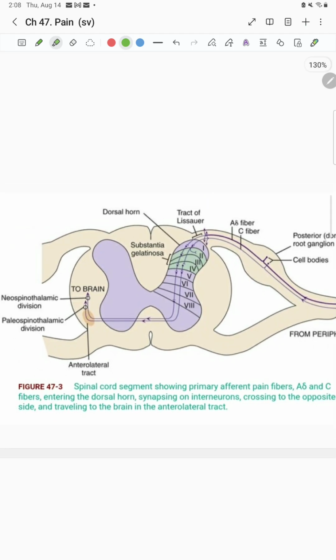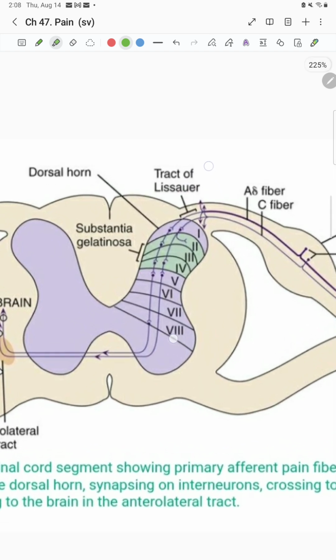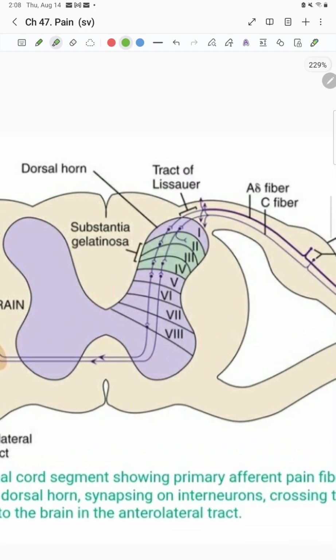On this slide, we're going to zoom into the cross-section of the spinal cord, and look specifically at the dorsal horn, which is part of the gray matter. You'll notice that they put some lines on it, and then Roman numerals 1 through 8.